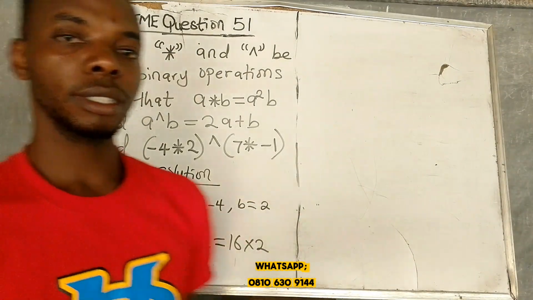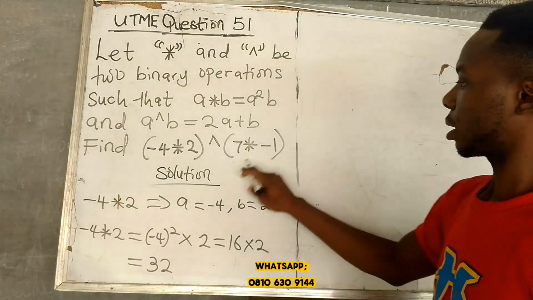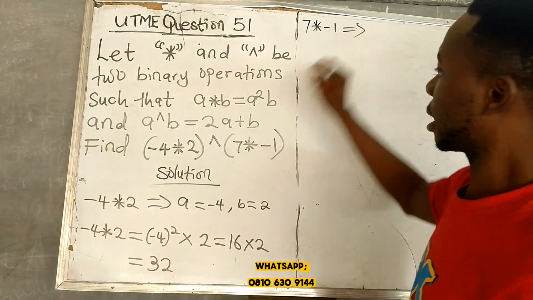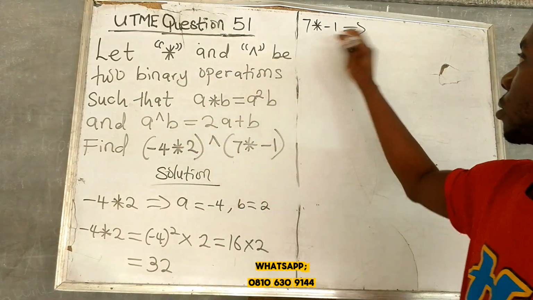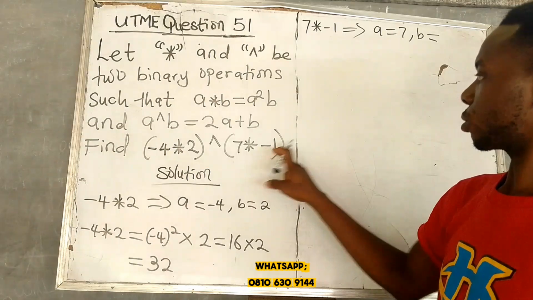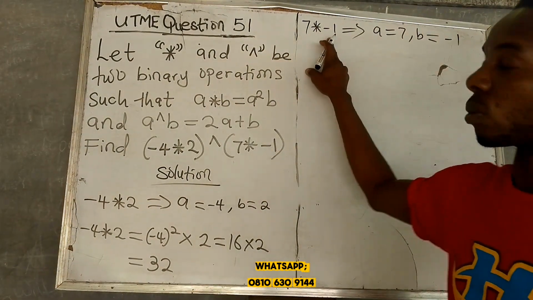Then we'll do the next one, which is 7 asterisk minus 1. Now, 7 asterisk minus 1, it implies that a is equal to 7, and then b is equal to minus 1.